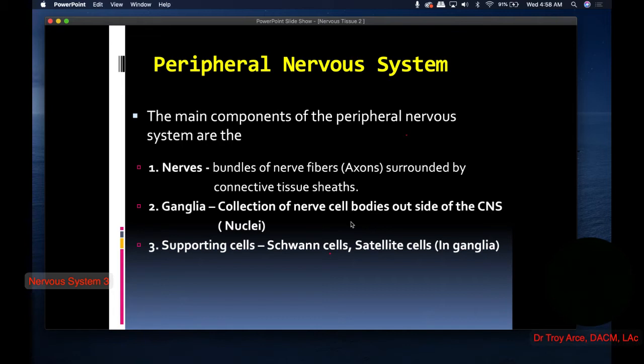And then we're going to talk about supporting cells, and these are Schwann cells and satellite cells. So whenever you see Schwann cells, you have to understand that they are outside of the central nervous system. So there'll be questions on that. And also with satellite cells in the ganglia.